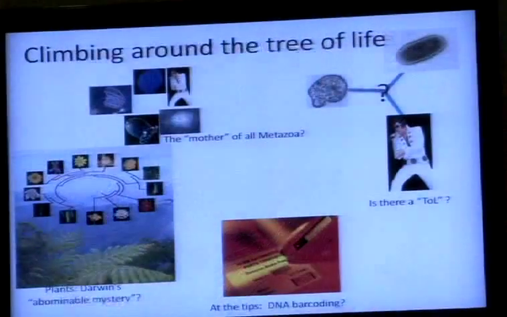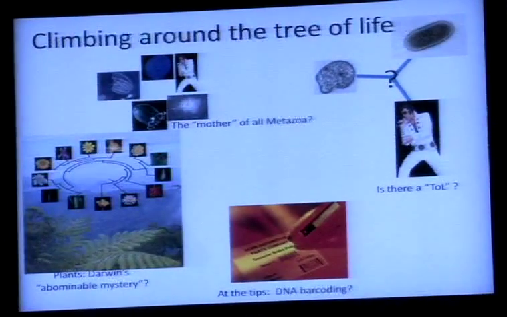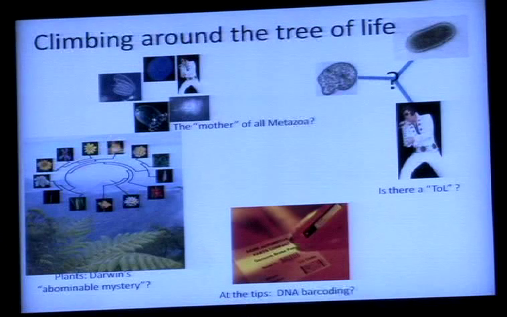And there are some really wonderful creatures out there that are also metazoans that we're searching for as the mother of all metazoans, as the prototype of all metazoans. And then, to not leave the green stuff out, I want to talk about Darwin's Abominable Mystery, which is a really nice mystery story. And I contemplated talking about DNA barcoding, which is at the tips of the tree of life, but we won't do that tonight.